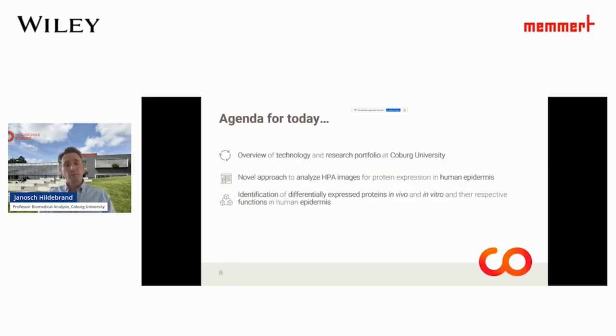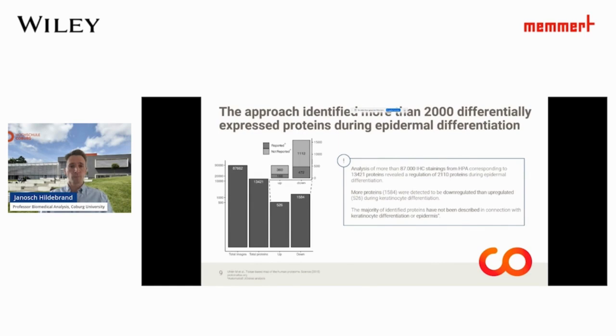After verifying the approach, we then analyzed the entire Human Protein Atlas skin dataset with our model and our approach. Therefore, we analyzed roughly 80,000 images corresponding to more than 13,000 proteins. After statistical analysis, we identified more than 2,000 proteins which are differentially expressed across human epidermis.